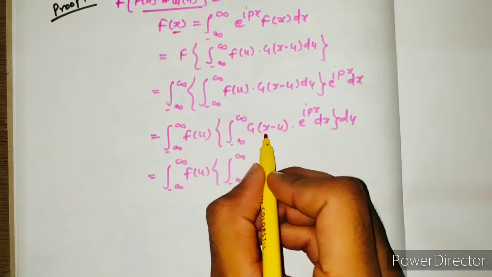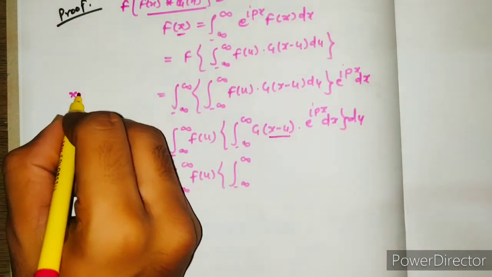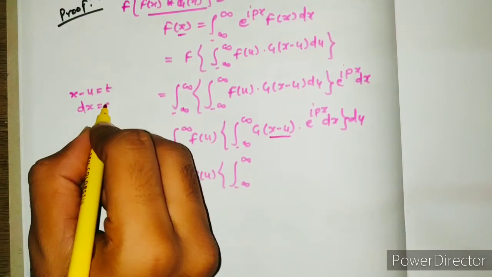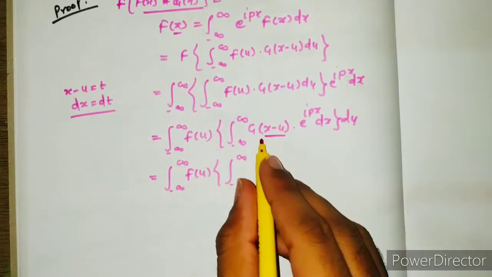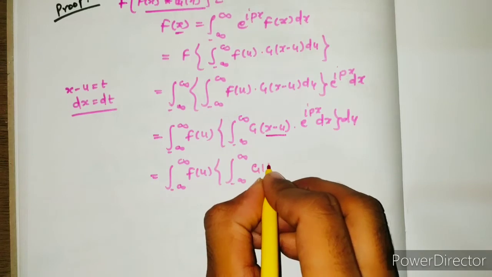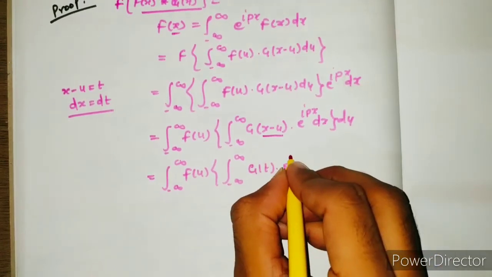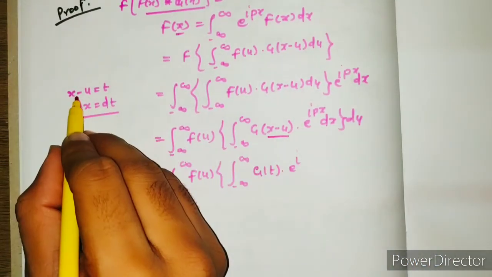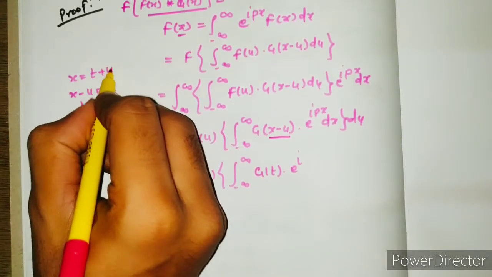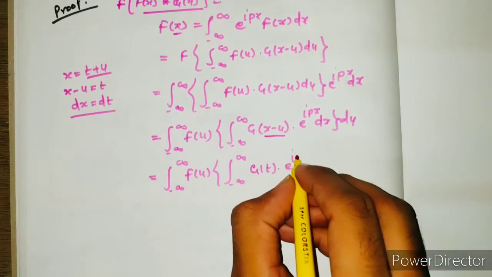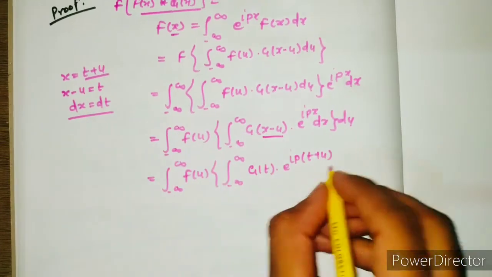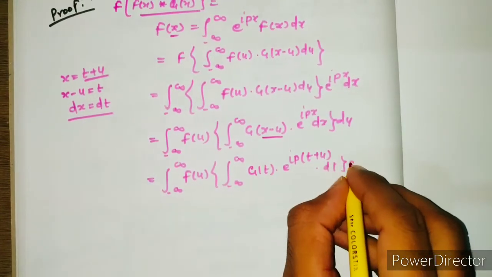Next, solve this. Let x - u equal t, so differentiating, dx equals dt. Putting this in, we have g(t), and x equals t + u, so e^(ip(t + u)) dx equals dt, and du.